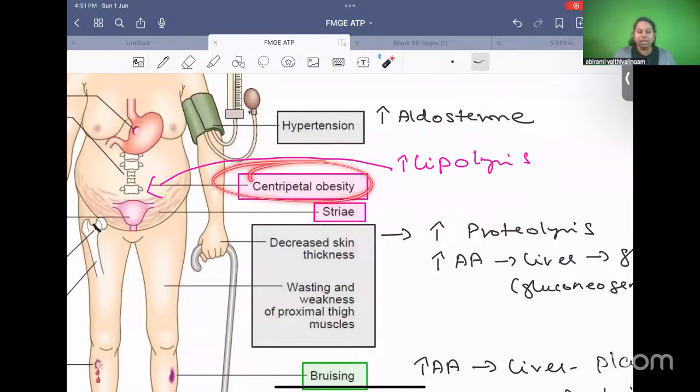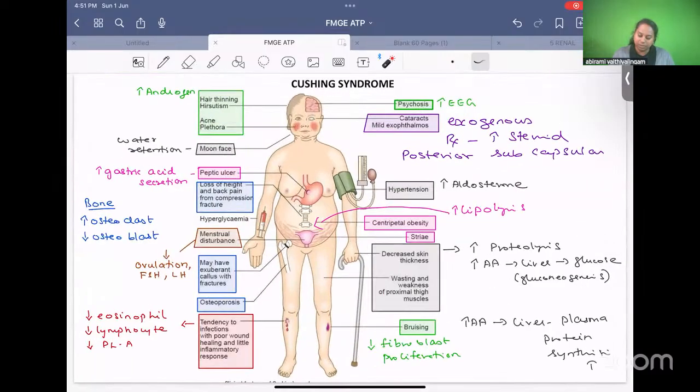If you have more fat in your abdomen, it will stretch the skin, resulting in purplish striae. So these are all the features of Cushing syndrome, but we have learned them along with the functions of cortisol. So for functions of cortisol, just remember the Cushing syndrome patient.